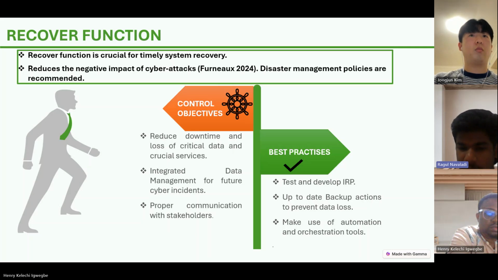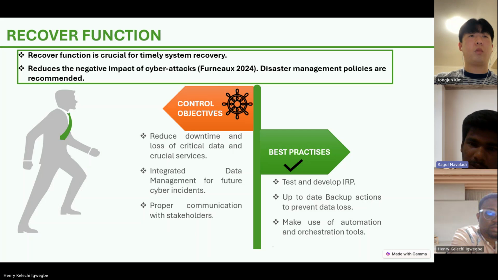We should have an efficient IRP plan. Backing up the data is important, because if the incident happens, they definitely come for the data. If we have perfect data backup plans, we can easily retrieve the data that we have.